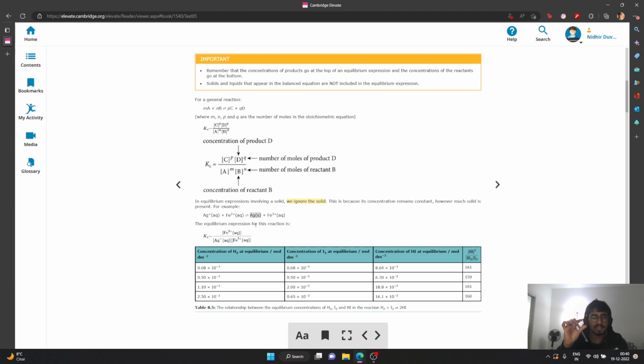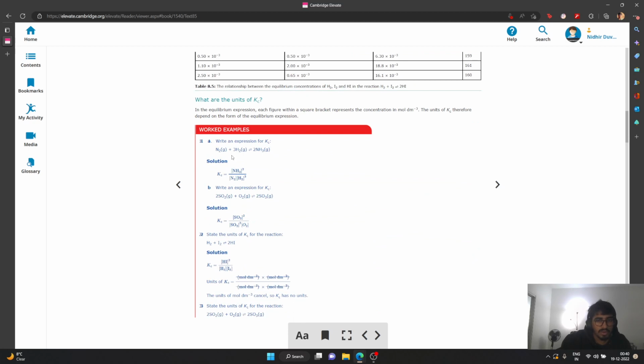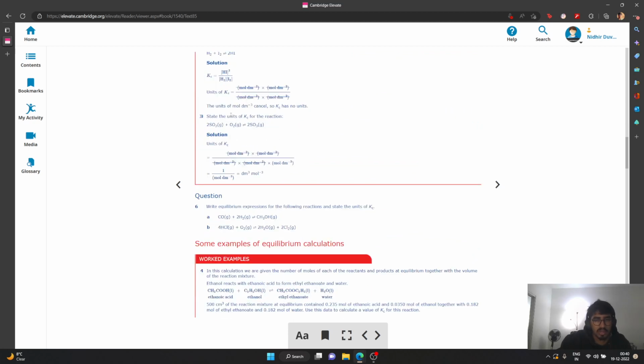Solids are very dense, but a liquid or an aqueous solution has a concentration. How many moles did you put in that liquid? So of course we ignore the solid in this equilibrium expression. Definitely go through these sums. The unit sums will be easy. You have to be careful about which ones you include. For gas you can take it.